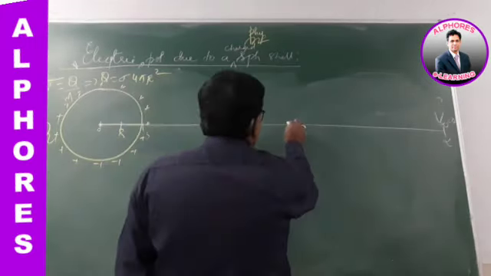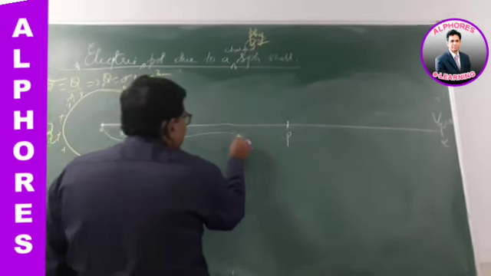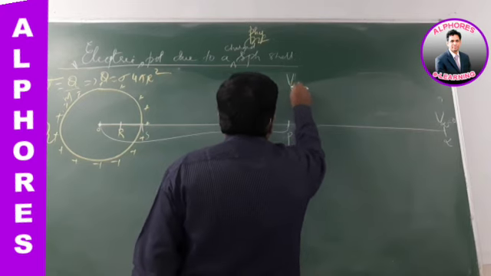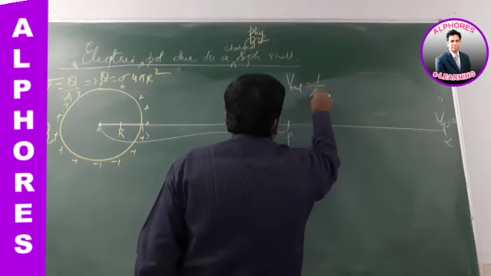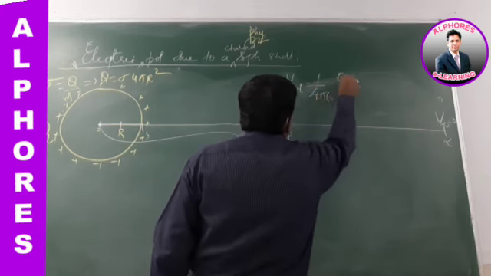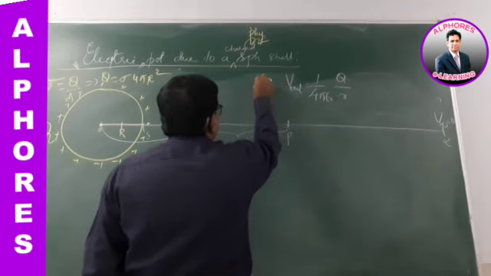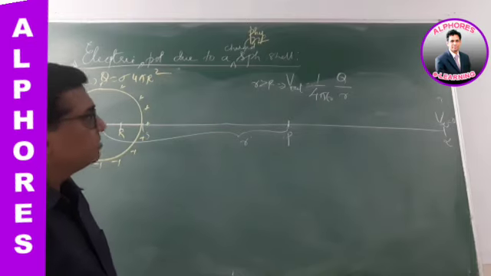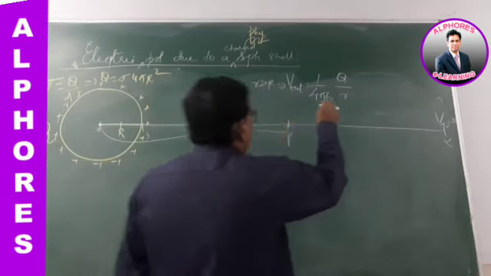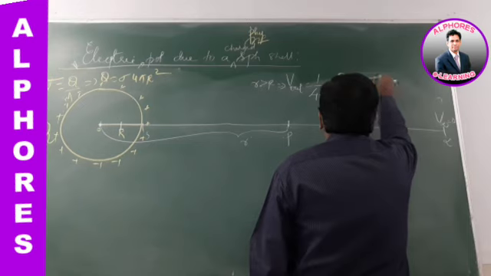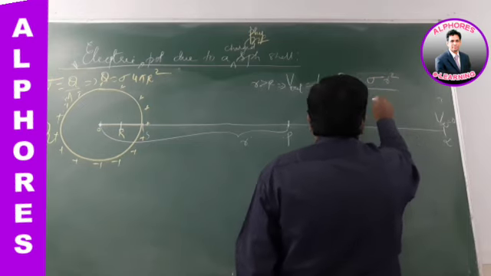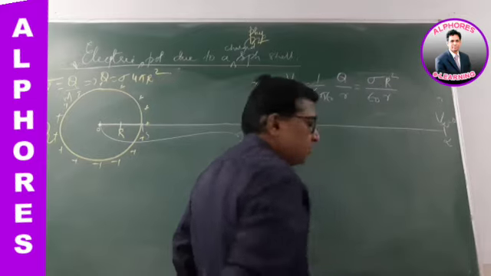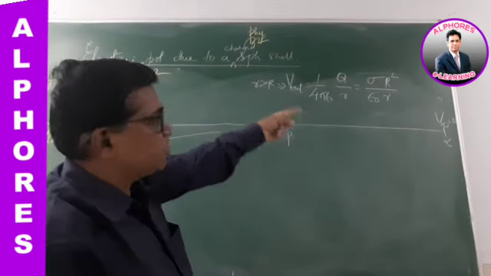Well, for the potential at an outside point, let's take the distance as small r. Then the potential at the outside point is 1 by 4 pi epsilon naught, capital Q by small r, for r greater than capital R. Or in terms of surface charge density, you can write sigma into capital R square by epsilon naught into small r. 4 pi gets cancelled if I substitute sigma there.